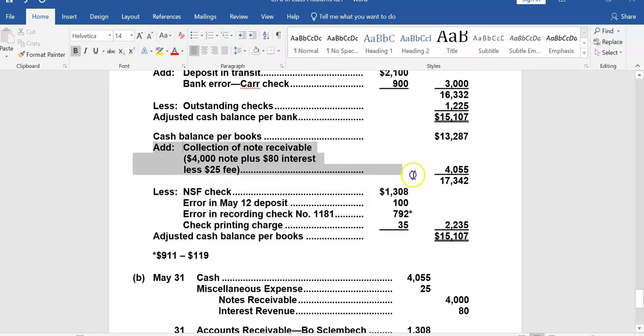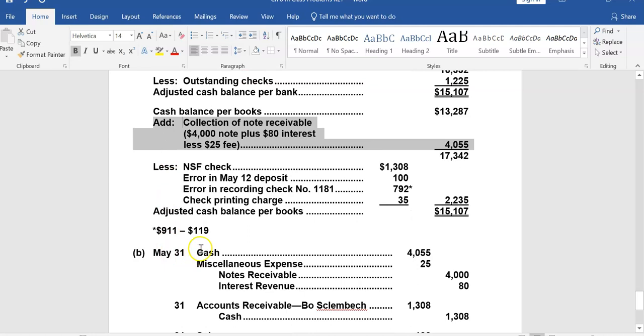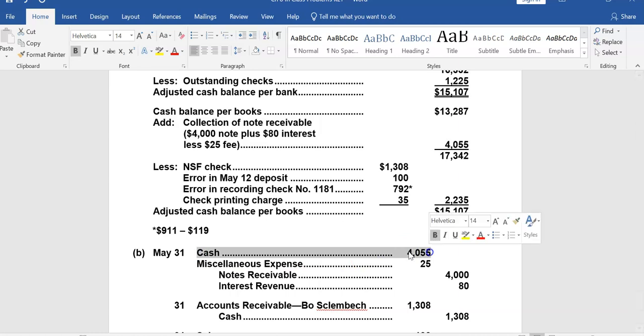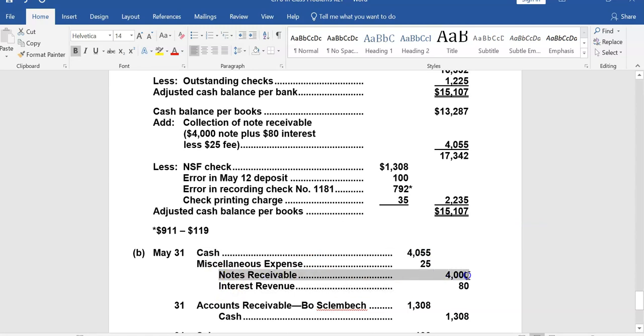First one, there was a note receivable collected. We know we are adding to the cash account. So we know this adjusting entry will involve a debit to cash for $4,055. The reason we are increasing cash $4,055 is because a note receivable was collected.